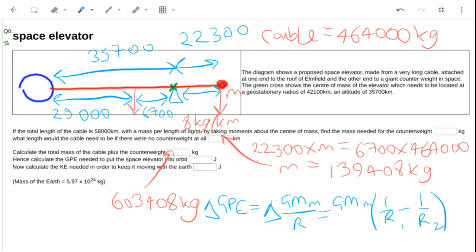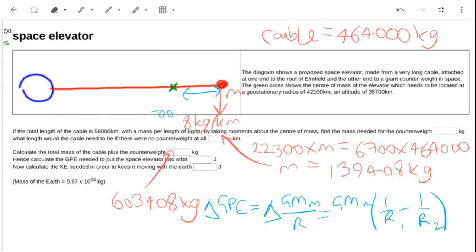And those two radii are the radius of the Earth, 6,400, and the geostationary radius.